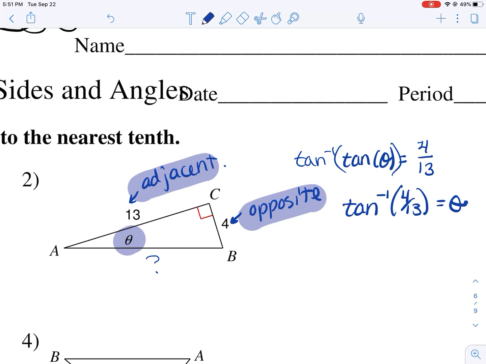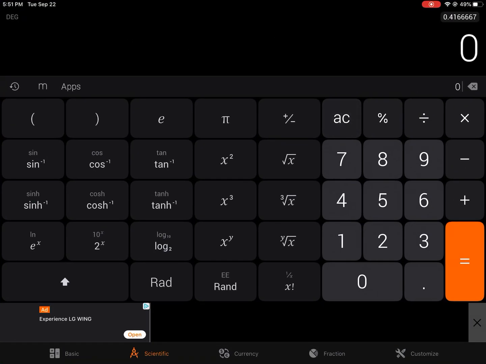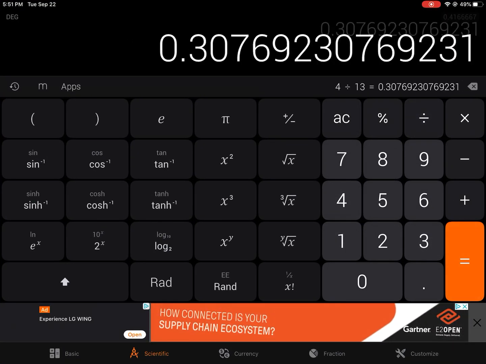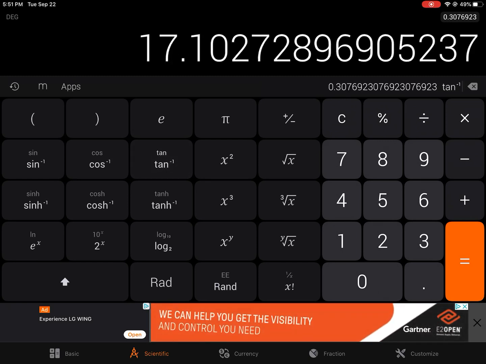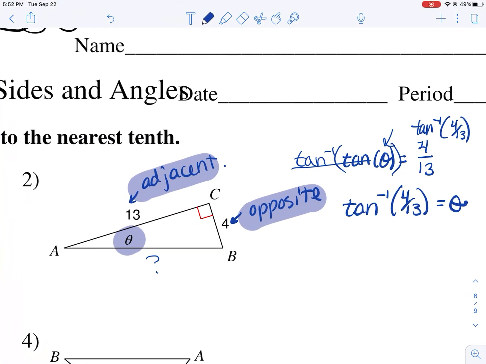If you remember inverses from Algebra 2, they work opposite each other, so the tangent inverse of tangent just leaves me with theta, and then we have to take the tangent inverse of the other side, okay? So 4/13, I want to get that as a decimal first, and then second and tangent inverse, I get 17.1 degrees.